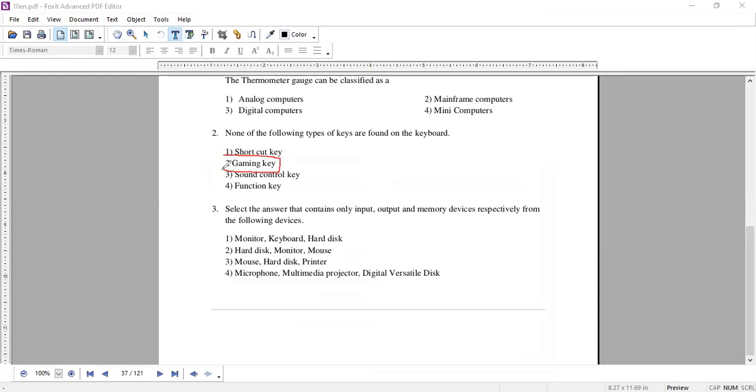The arrow keys and all this stuff can be set up as gaming keys, but there are no separate gaming keys in normal keyboards, right? So we'll take the second answer for that one. I don't know whether you have put it correctly. So that was a mistake. Okay, we'll move to this one.